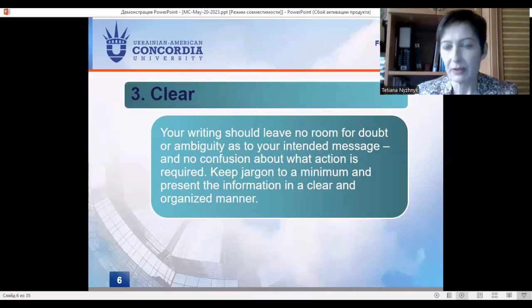Usually this means that you don't have to use abbreviations and technical terms that might be not familiar to the reader. Another way to achieve clarity in a document is to organize the ideas in a logical manner.